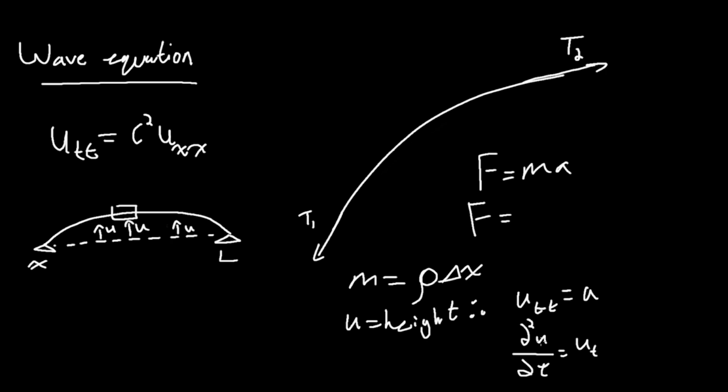If I do this again, that makes the second derivative, u_tt. So given this information, my mass, linear density times delta x, times my acceleration u_tt, is our force.